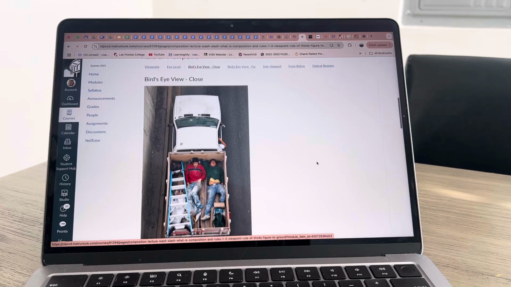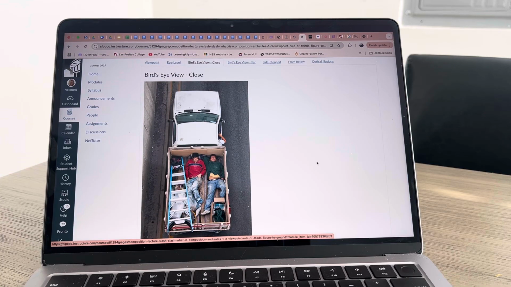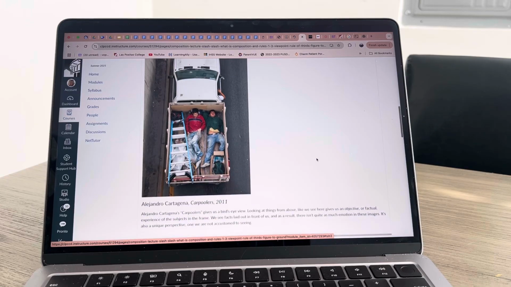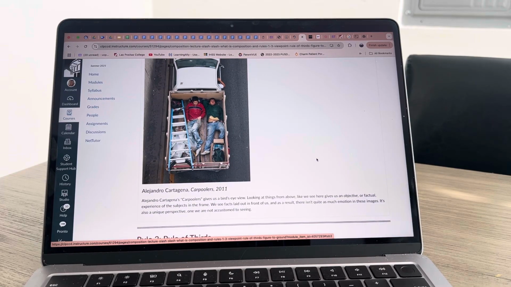Here's a bird's eye view, close. So up on top, we're looking in. That's interesting. Alejandro Cartagena, Carpoolers, 2011. Carpoolers gives us a bird's eye view.